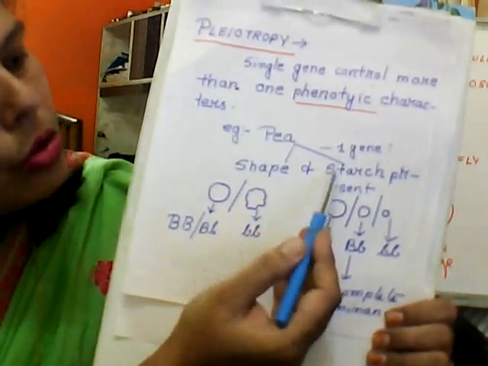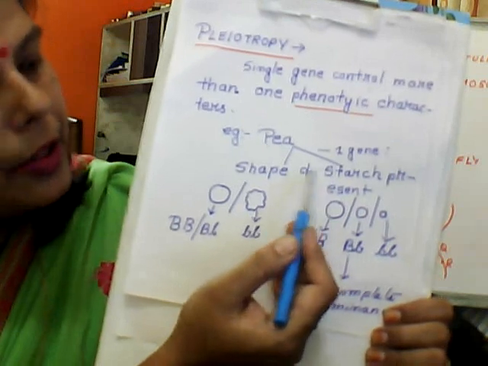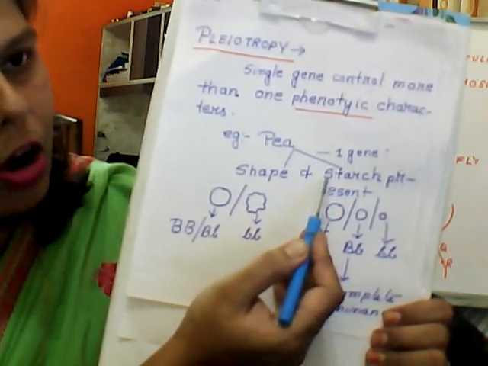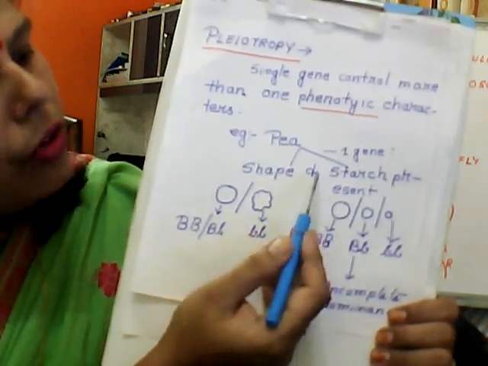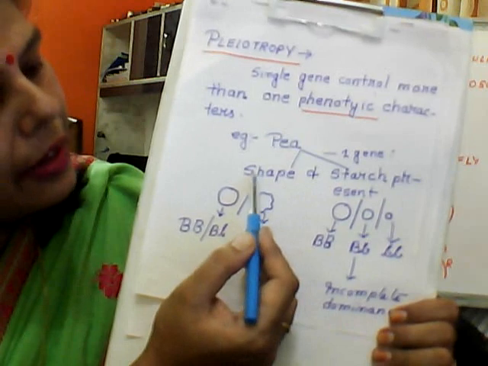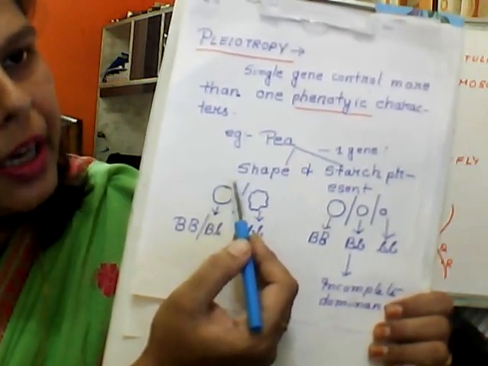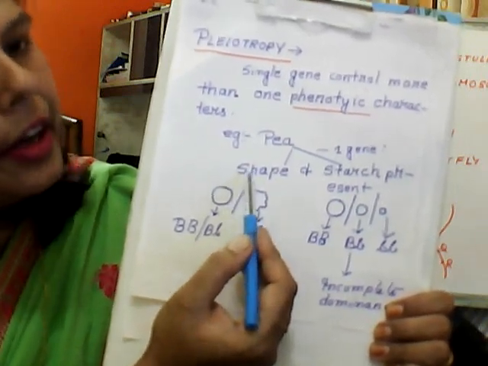These two characters, the shape as well as the starch content, are controlled by a particular gene or by a pair of alleles, denoted by the letter B, which may be capital B or small b, and accordingly the character is shown.